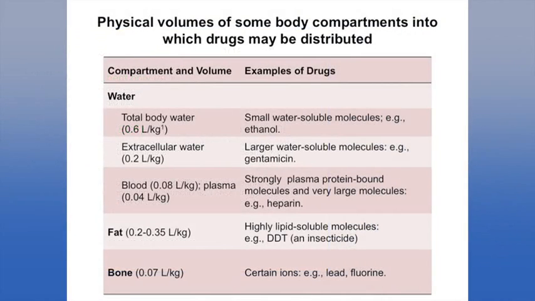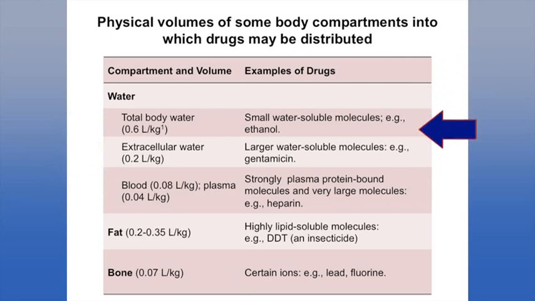So this gives you an example of some physical volumes of some body compartments into which drugs may be distributed. Here on the left-hand side is the compartment and the volume, and we show water, fat, and bone as 3 different types of tissue. Under water, we have total body water, extracellular water, and then plasma, as the examples shown previously. And on the right-hand side are just some examples of substances that you're all probably pretty familiar with.